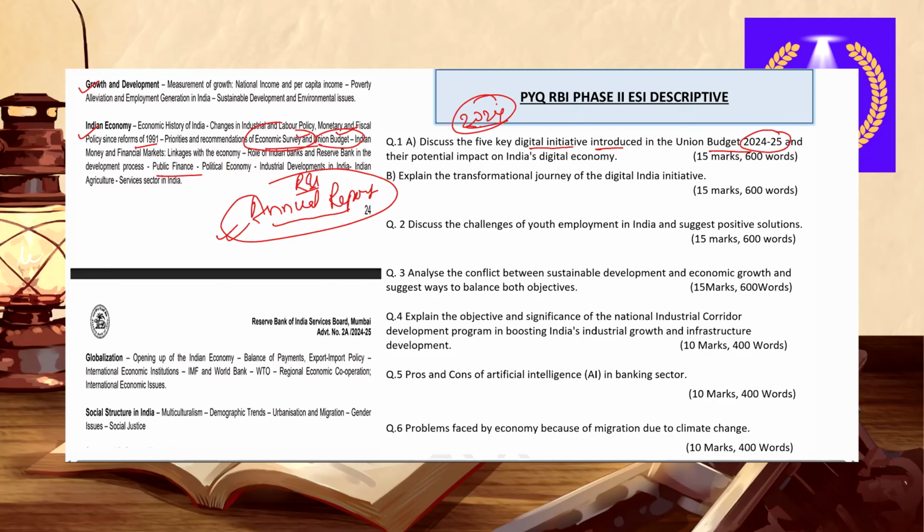Clear cut question. कि यार आपको बस डिस्कस करना है कि क्या क्या डिजिटल इनिशिएटिव्स गवर्नमेंट ने लिए थे इस यूनियन बजट में, last year. Can anyone of you tell me? And why is it asking about digital initiatives? Because we are moving to the age of digitalization, computerization, the age of mobile apps, mobile banking.